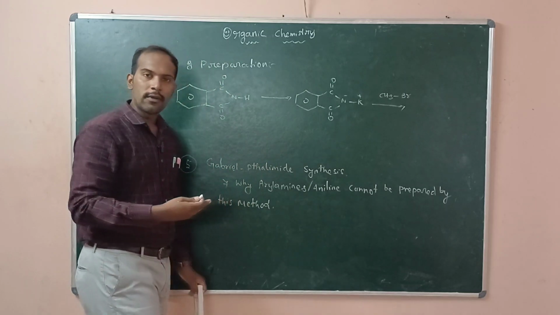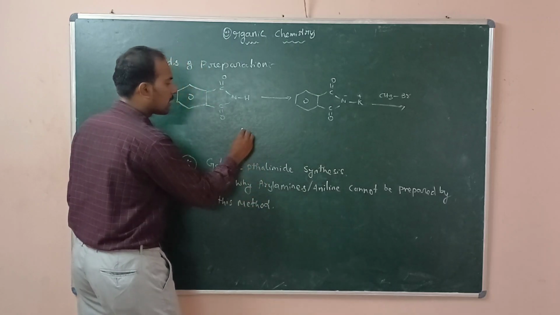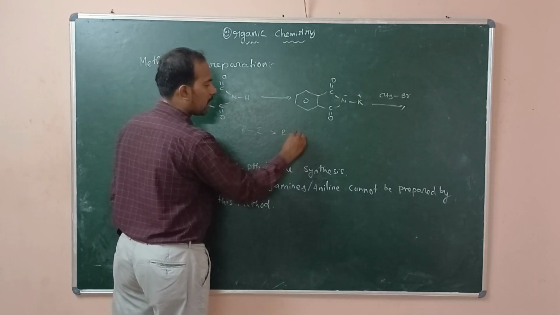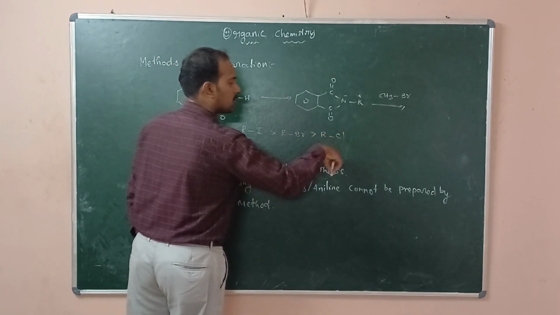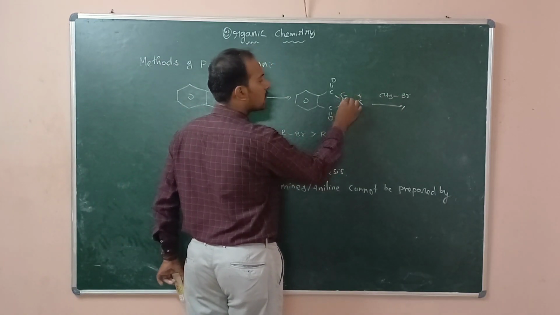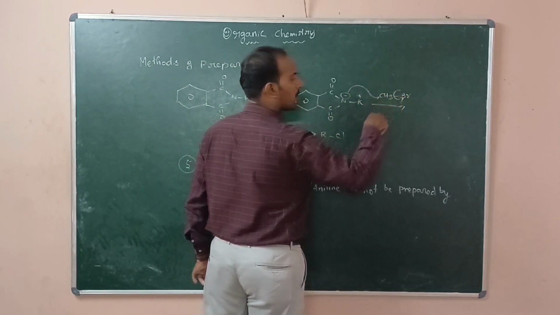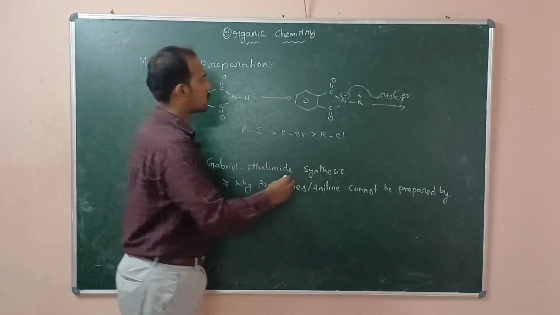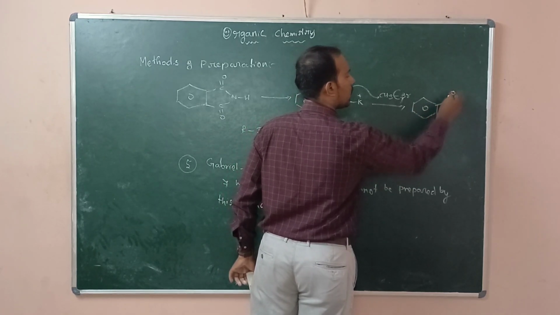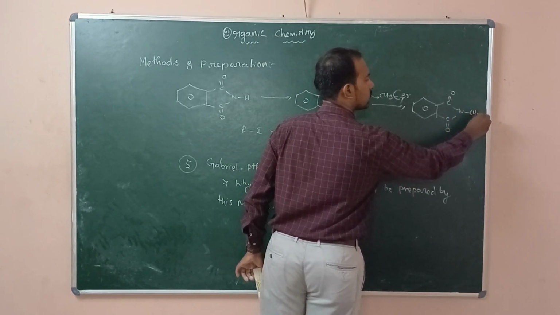Which halogen is very easy to undergo nucleophilic substitution? We know that RI is more reactive, then RBr, then RCl. Now I'm using CH3Br. This nitrogen is acting as a nucleophile. It attacks this CH3, and this Br is removed. Then write the product: benzene C double bond O, C double bond O, N CH3.